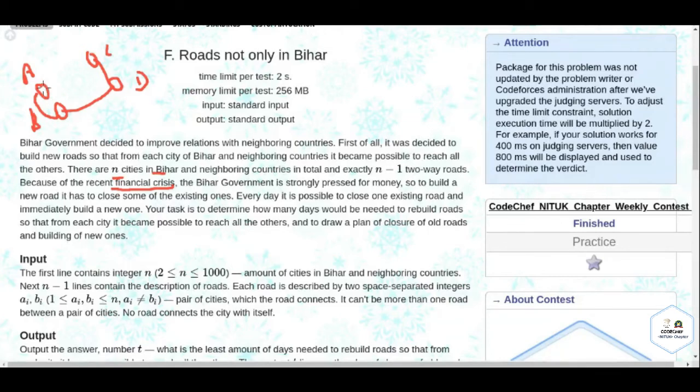So if I want to create a road between A and C, I have to close one of these roads, maybe between B and D. So the number of roads after making one road will always be n minus 1. There were already n minus 1 roads, and after building one and closing one, there will again be n minus 1 roads.